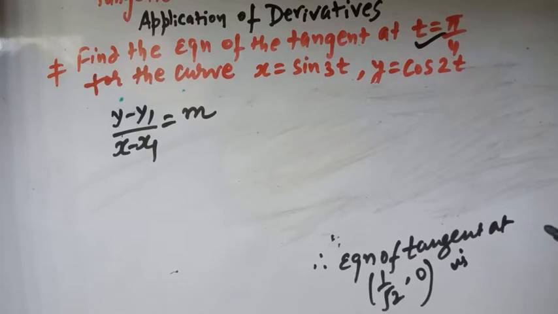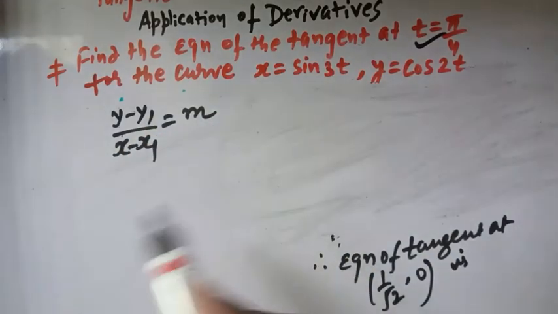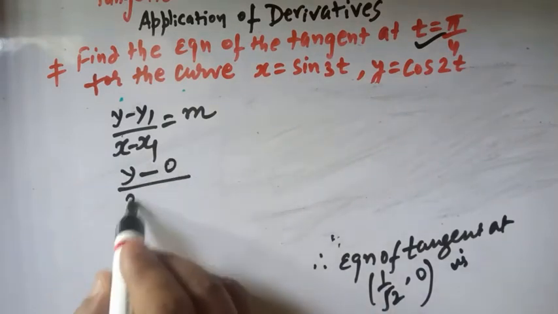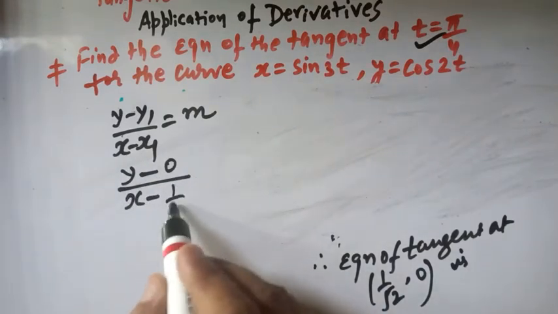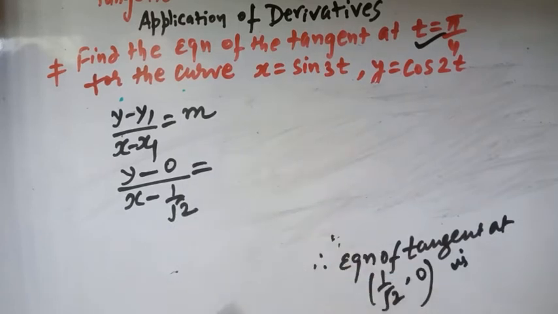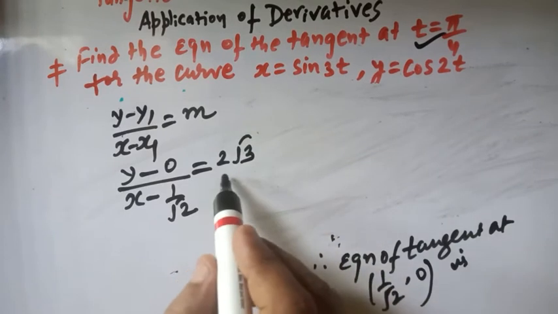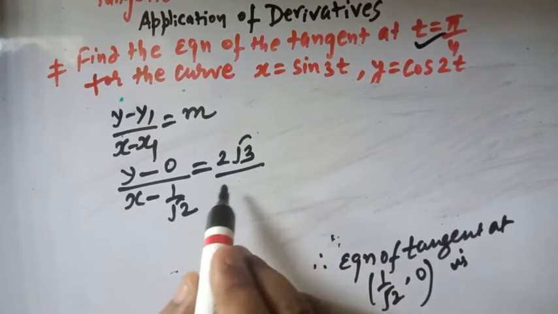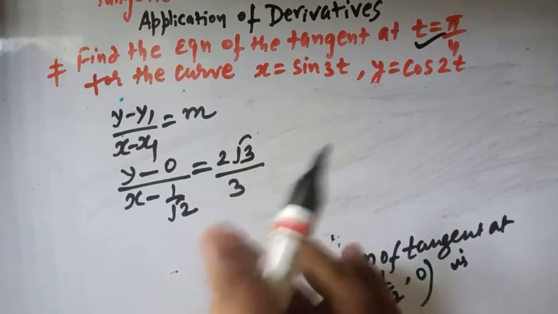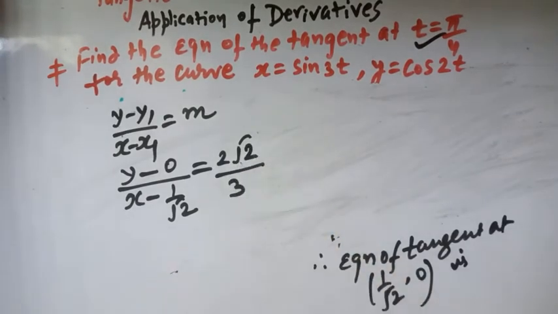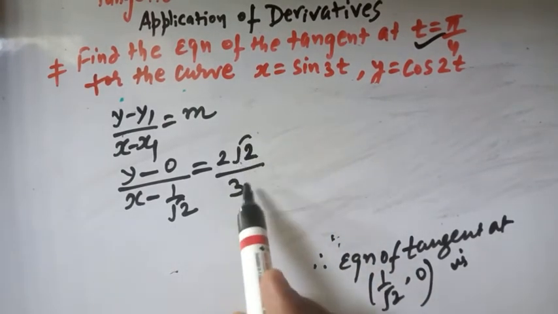And what is the slope of the tangent? We have y minus y1, y1 is 0, and we have x minus x1, x1 is 1 over root 2. And the slope which we have calculated is 2 root 2 over 3. Clear? Sorry, here we have root 2. So we have 2 multiplied by root 2 over 3.